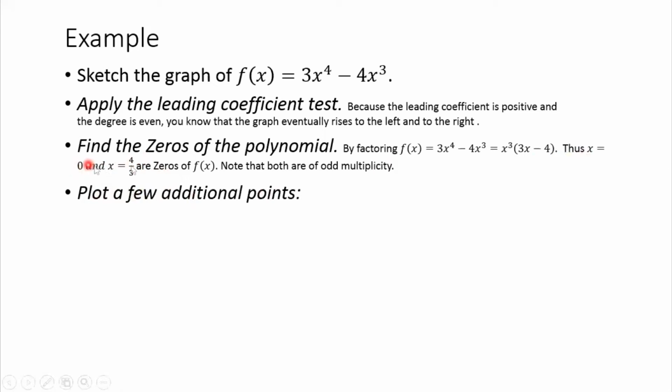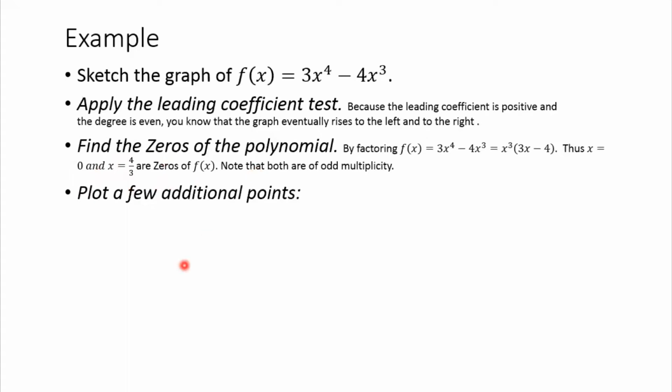So these two here become the boundaries. So negative infinity to 0, one interval, 0 to 4 over 3, another interval, then 4 over 3 to positive infinity, another interval, to form the values in the real number line.